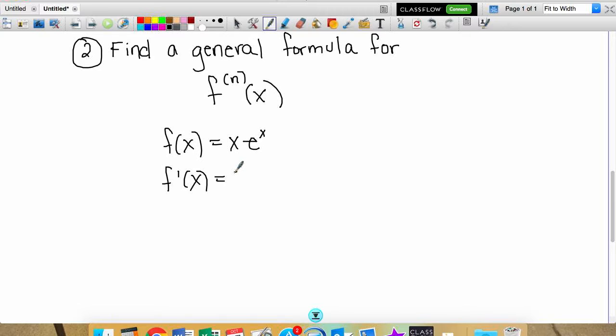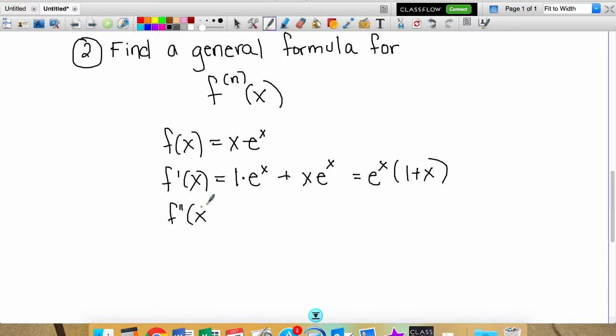So take a derivative, leave one alone, plus leave one alone, take a derivative. The derivative of e to the x is e to the x. So here's our derivative. I'm going to go ahead and factor out the e to the x. In factoring out the e to the x, I have e to the x times 1 plus x. So there's my first derivative.